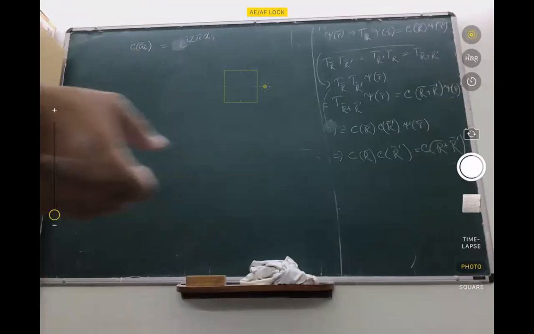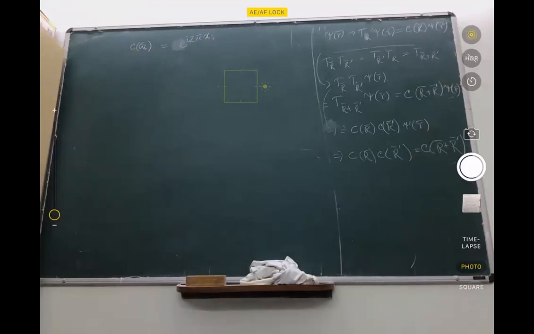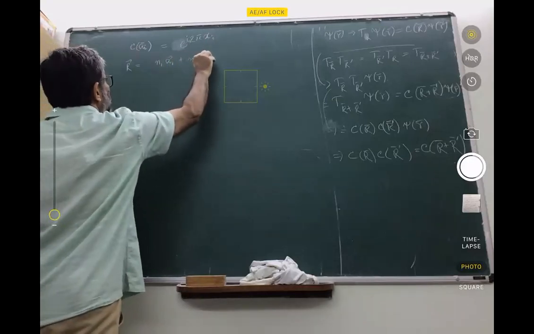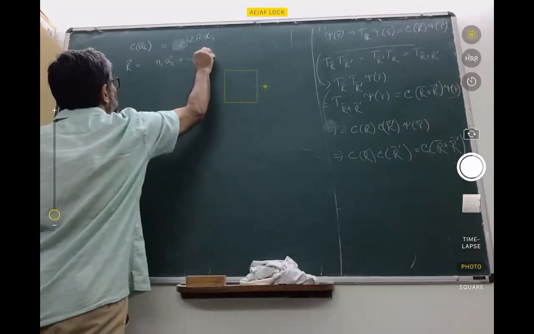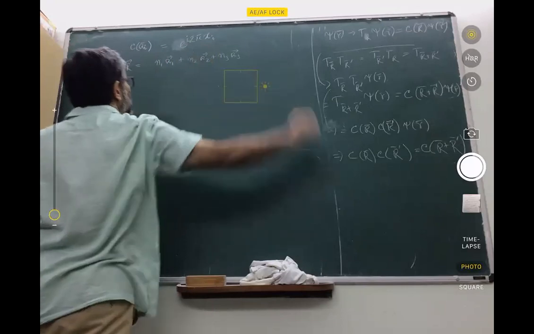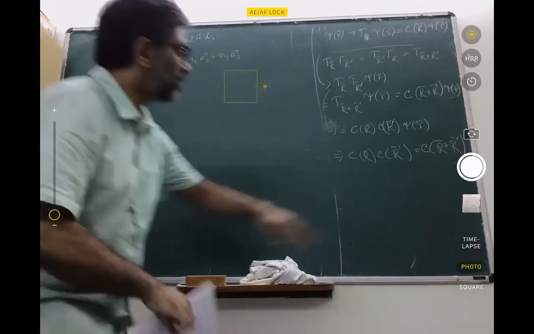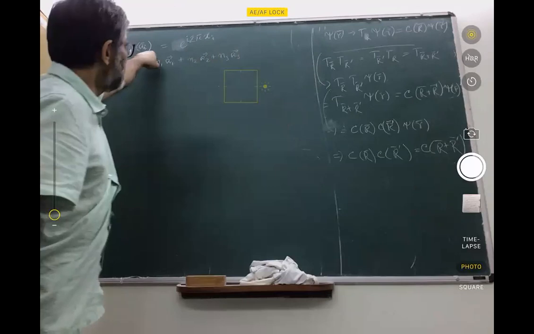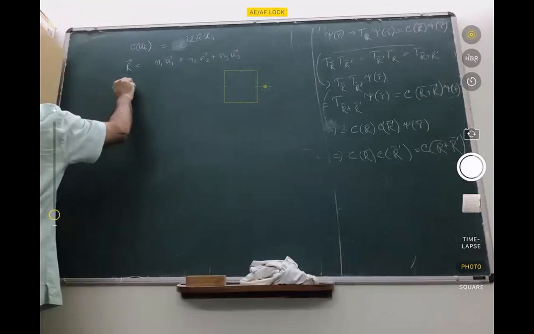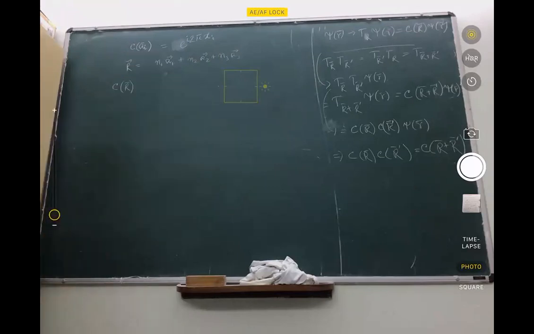Any real space vector R is an integer combination of the lattice vectors; we are writing in 3D. So using this and this, I can write C of R for any R of this form. So what would that be?